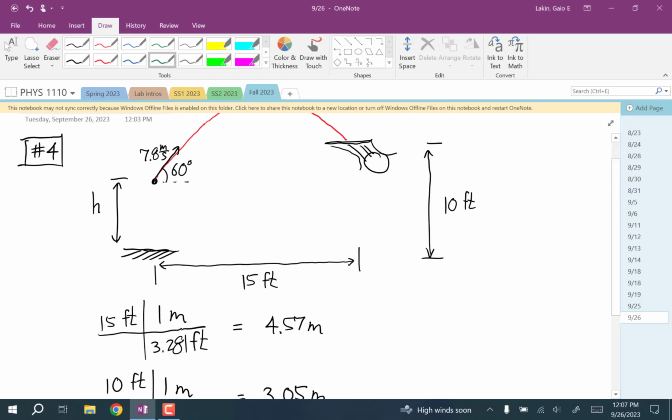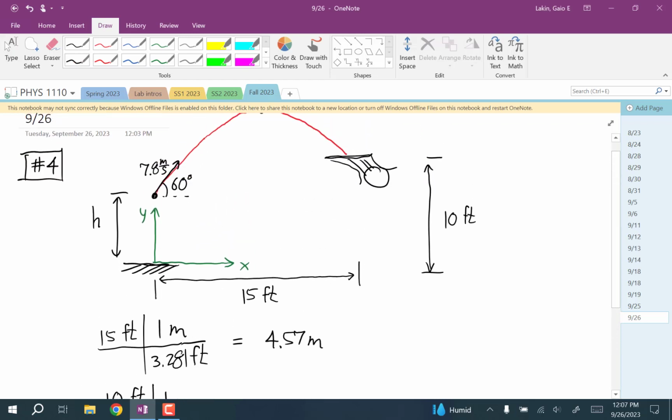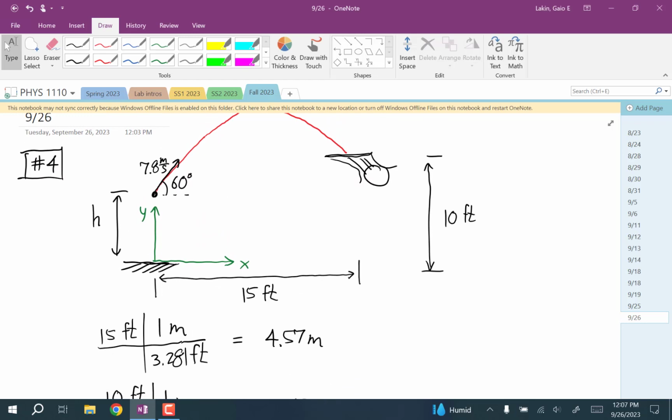And then I'll put the coordinate system the way I always do, on the ground underneath the object at time equals 0. Any questions about those choices?